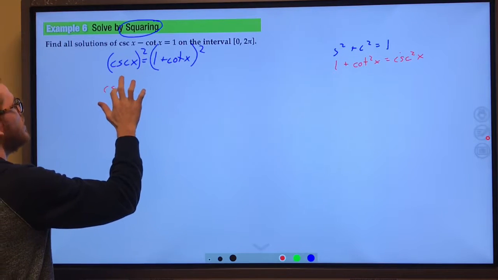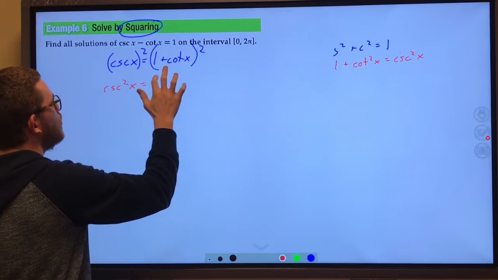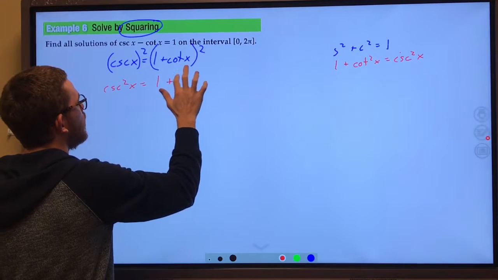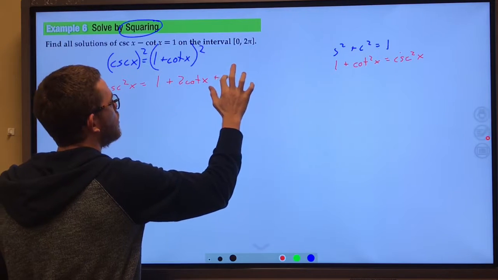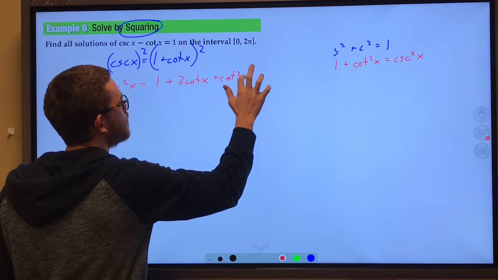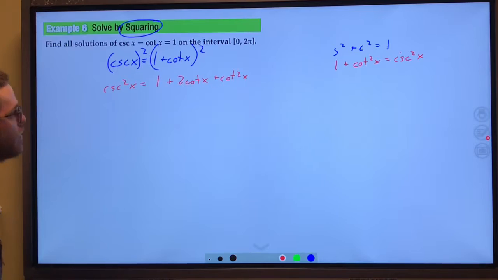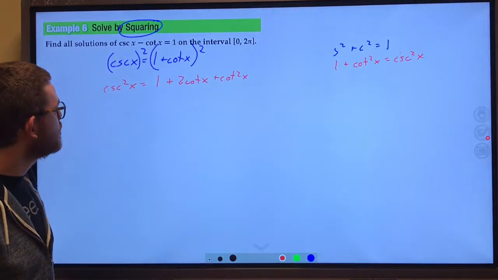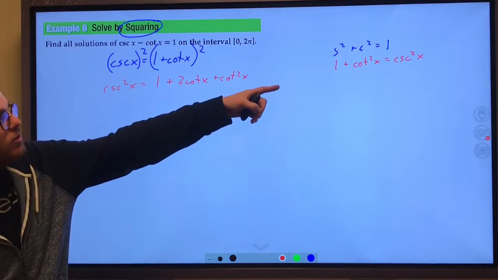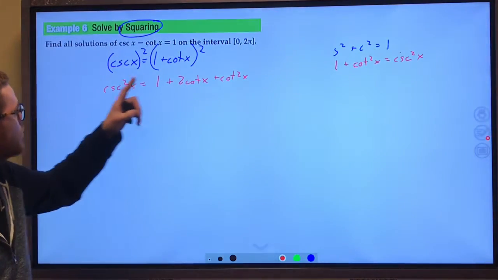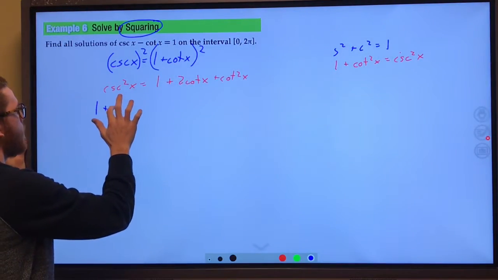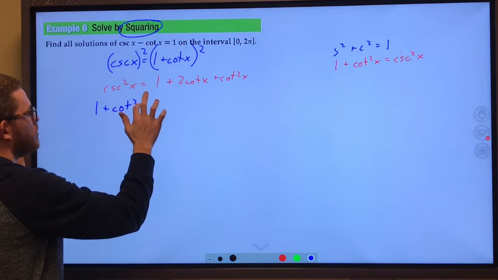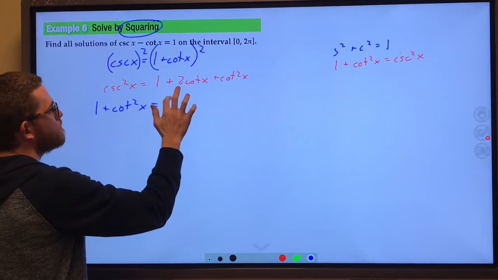So we have cosecant squared x equals 1 plus 2 cotangent x plus cotangent squared. If I want to get this in all cotangents, I can replace cosecant squared of x with 1 plus cotangent squared.